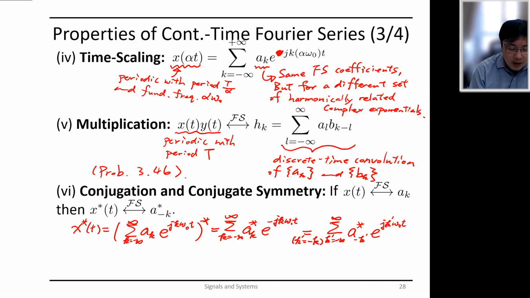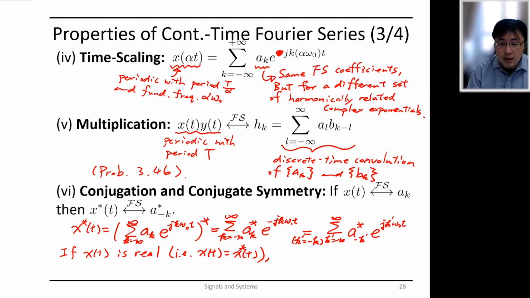Now, if x of t is real, which means that x of t is equal to x of t complex conjugate, then this means that ak should be equal to a sub minus k complex conjugate.